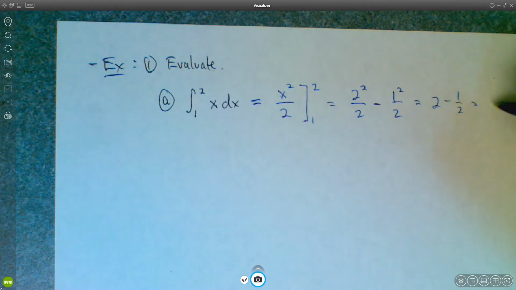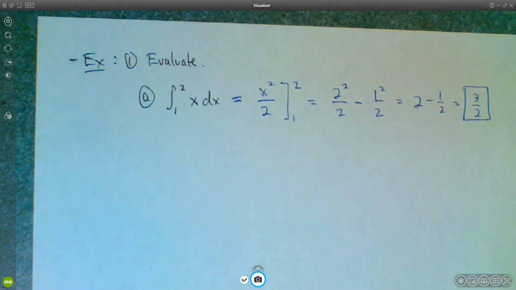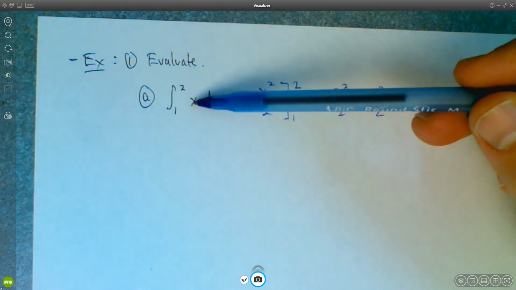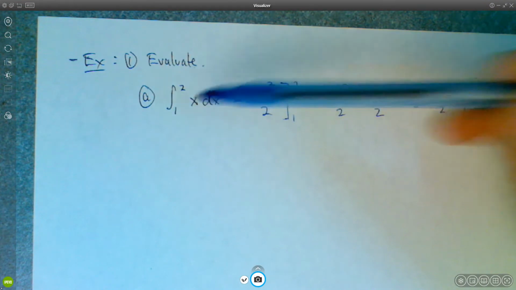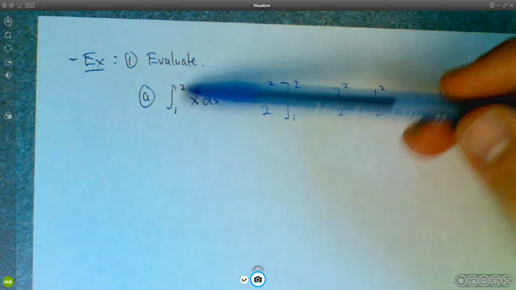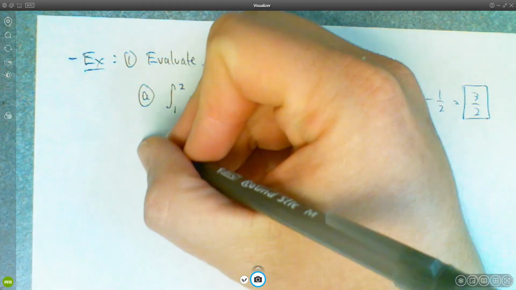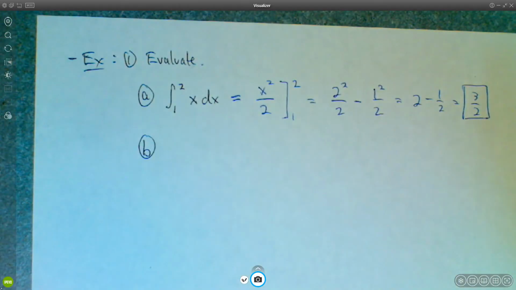So that's 3/2. And there you go. So the area between the graph of f of x equals x and the x-axis over the interval from 1 to 2 is 3/2 square units. So that's the meaning of that. Let's do another one.